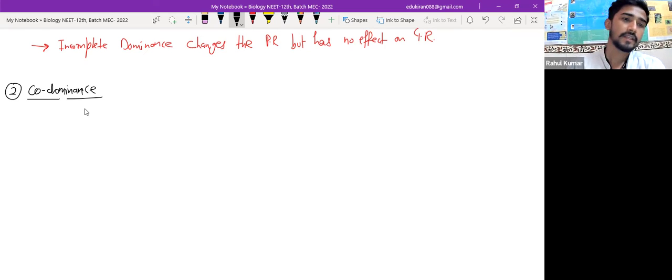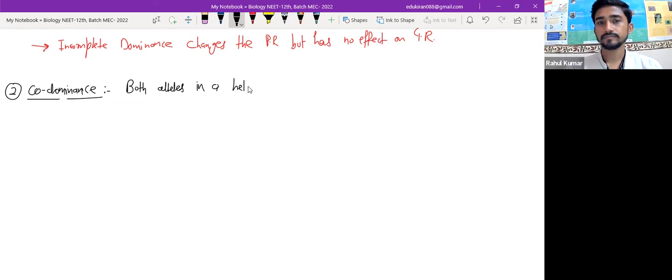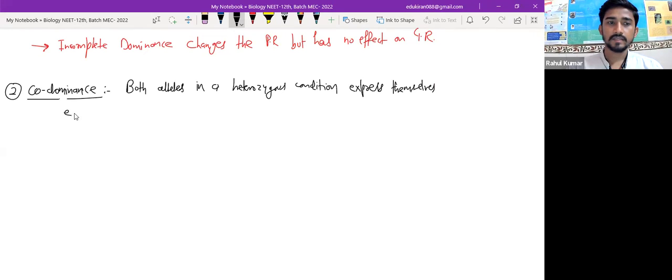So write down, in case of codominance, both alleles in a heterozygous condition express themselves equally, which means both are co-dominant, they are together dominant.